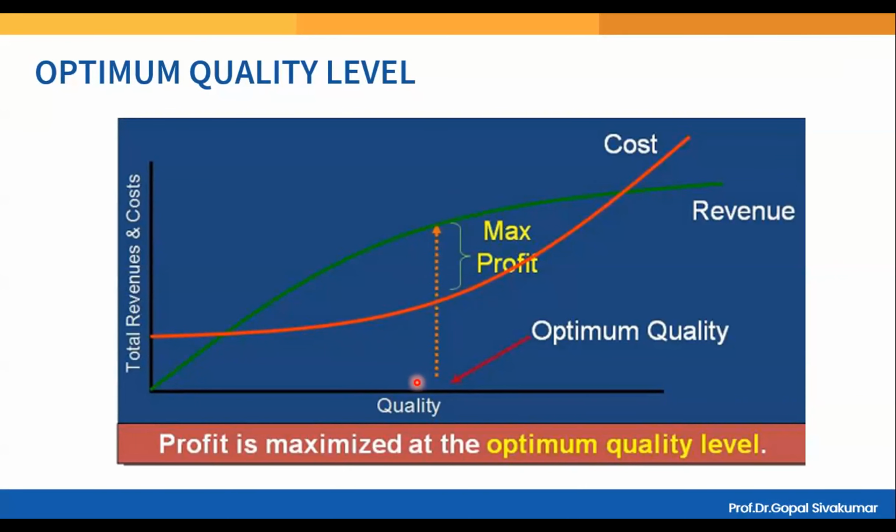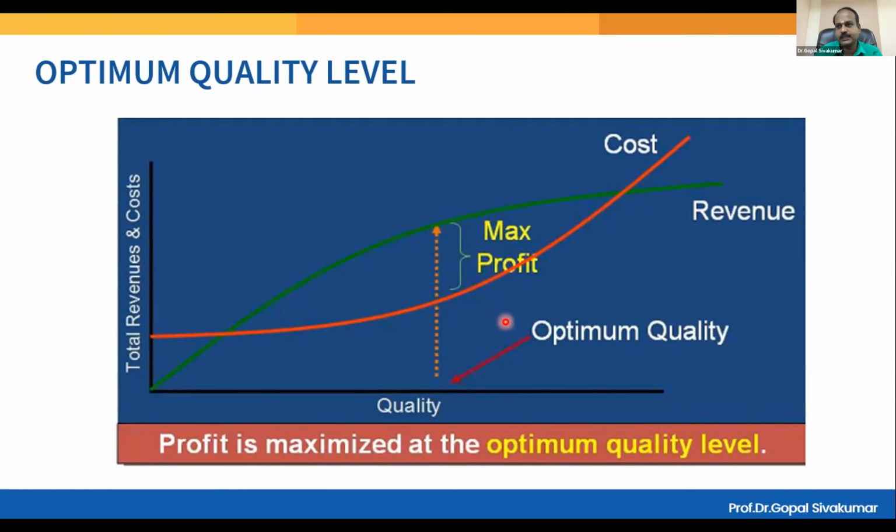This is called optimum quality. That means up to this point, we must necessarily improve the quality, no doubt. Quality improvement is compulsory till we reach the optimum quality. But sometimes you may be forced by the market situation to go beyond optimum quality.